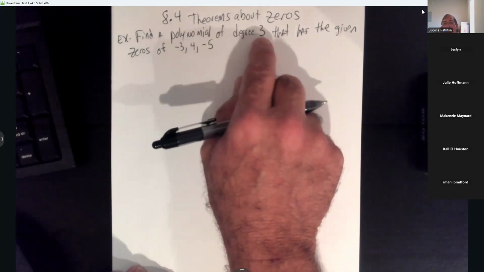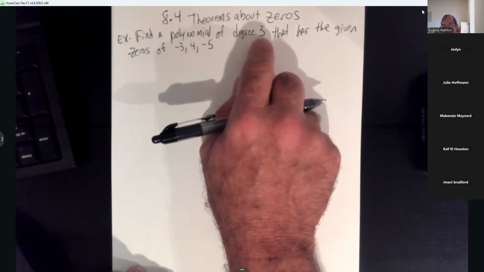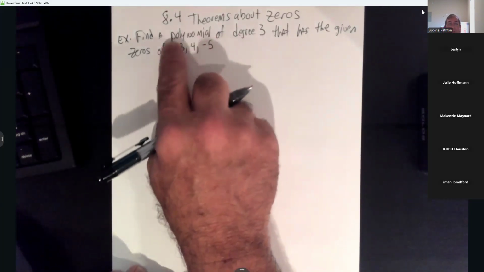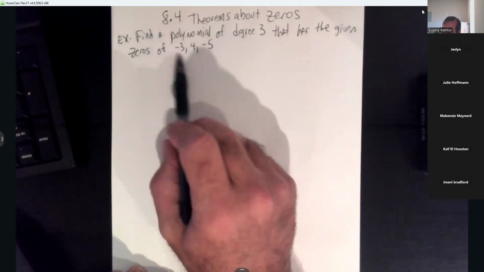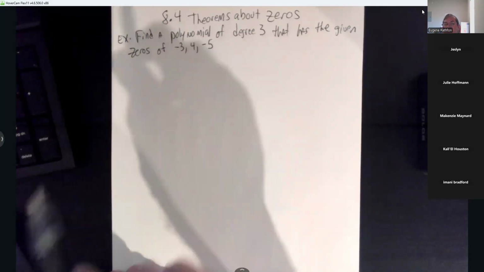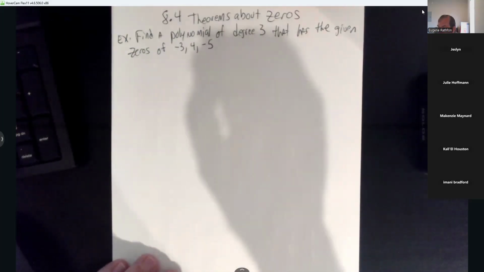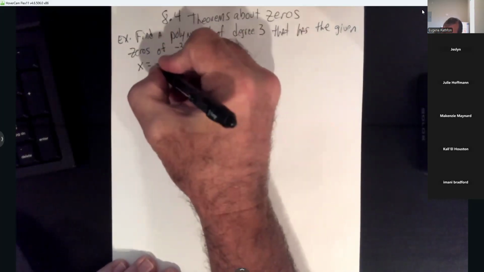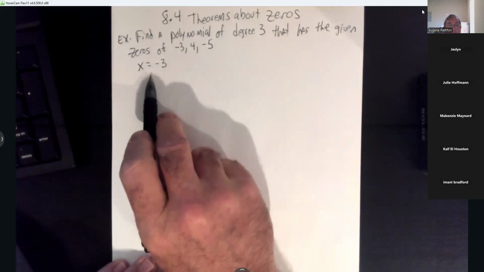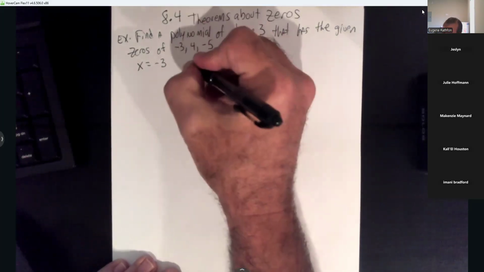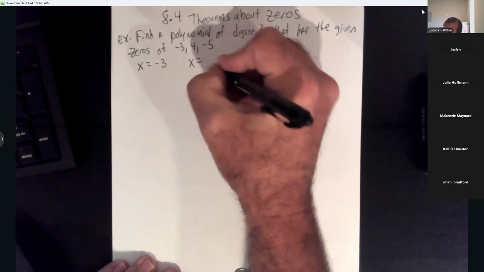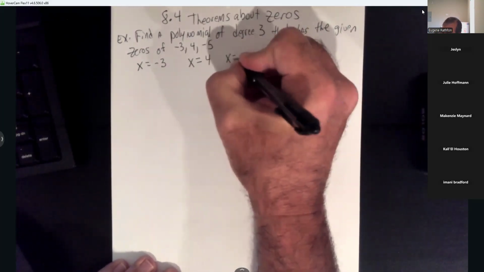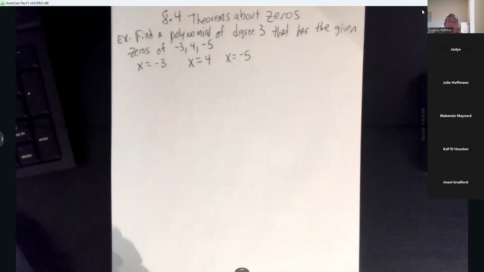And it will have a high exponent of a 3 on it, okay? All right, so what you're going to do, since we're working in reverse, and these are the zeros, remember the zeros means it's the solutions. So what you're going to do is write it as solutions. The first solution is x equals that -3. Second solution is x equals that +4. And then the third solution was x equals -5.